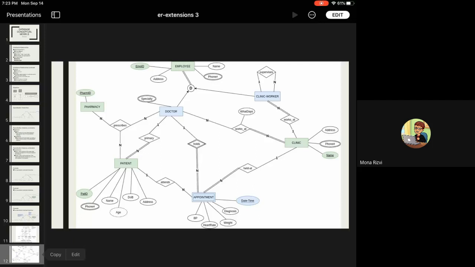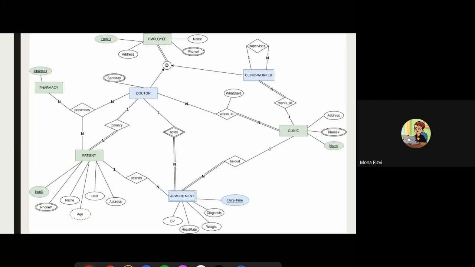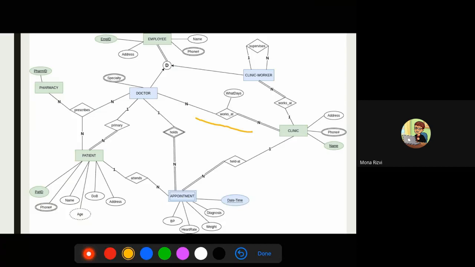Doctors have this special case that they can work at clinics on different days in different clinics. All the other employees only work at one clinic at a time. I mean to say they're assigned to a specific clinic and they don't go and work at the other clinics.